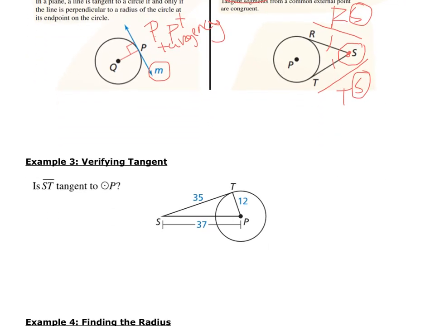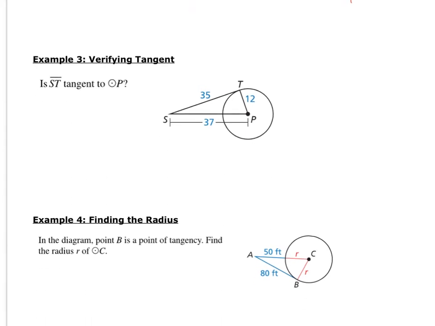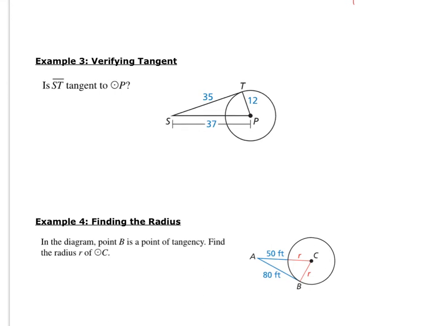So let's try to use these two theorems on the next couple of examples. The first one, they want us to verify that ST, this segment here that is 35, is a tangent line. In other words, we're going to verify that T is the point of tangency. Remember what the 10.1 theorem said?